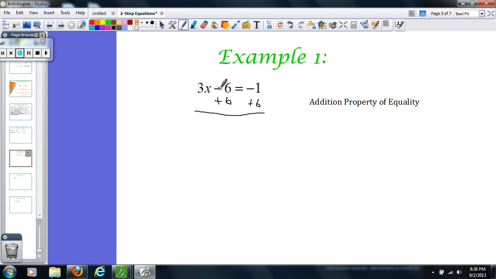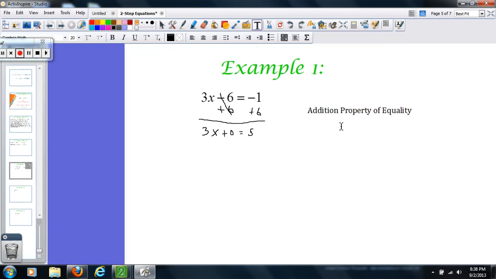Now, from this point, I know that negative 6 and 6, when I simplify this, give me 0. So I'm going to get 3x plus 0 equals 5, and the reason why is that this would be the additive inverse property, and that's going to go right there.